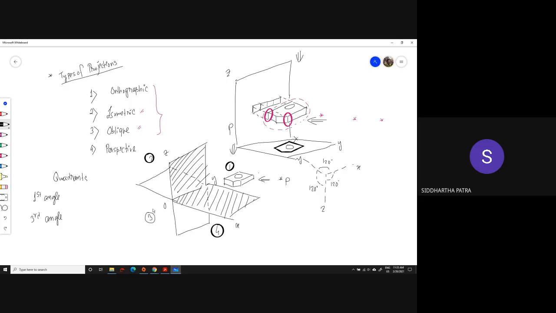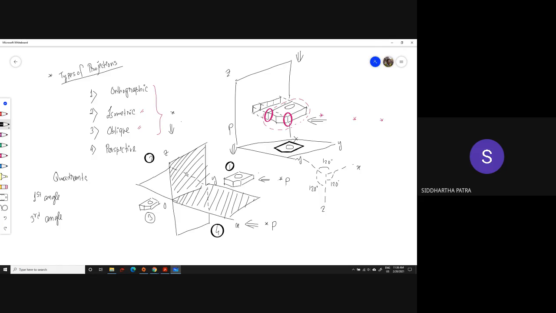In case of a third angle projection, we would keep the object in the third quadrant. Again, if we are looking at it from the right side to draw the front view, or from the top side to draw the top view, then unlike the previous case, the object itself is not between the screen and the observer.